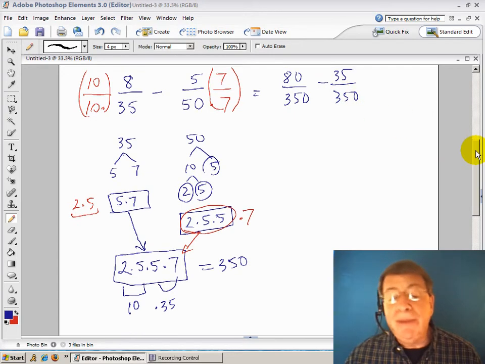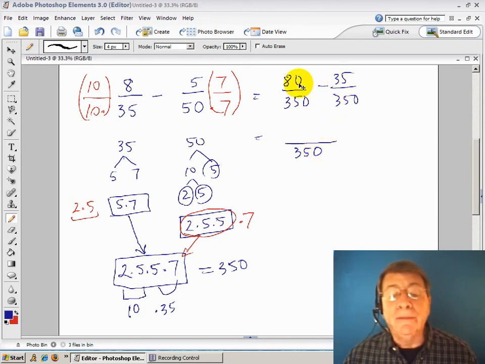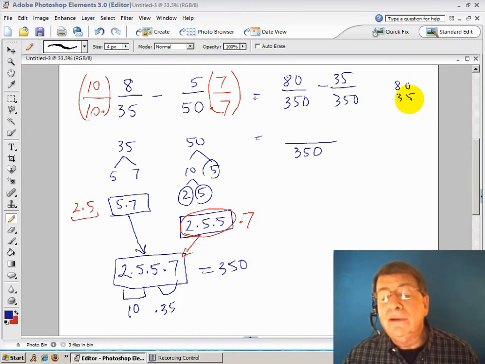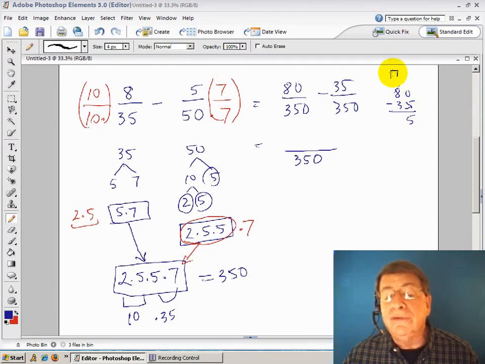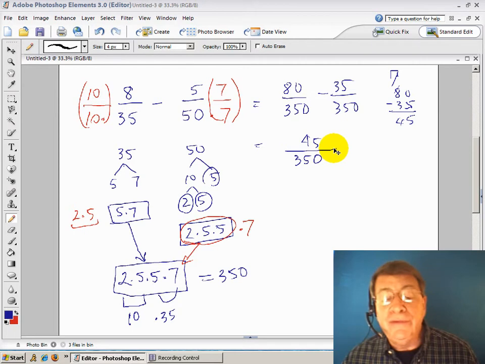Now, this may become troublesome because we have a big denominator and we don't know what we'll get in the numerator. 80 minus 35, it doesn't mean defeat if you do this off to the side, so this is a 7, and 3 from 7 is 4, so I get 45 all over 350.